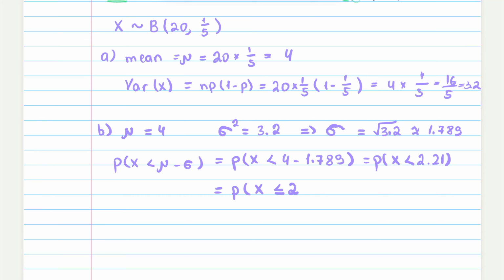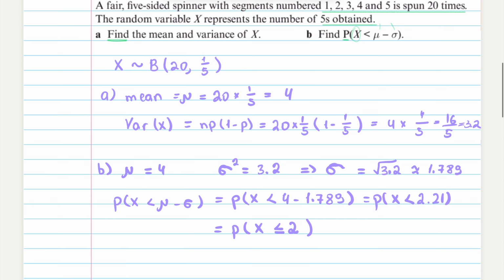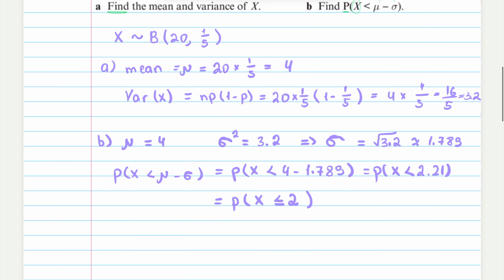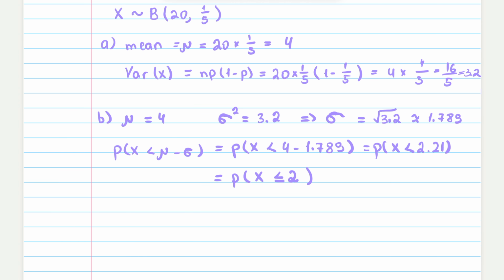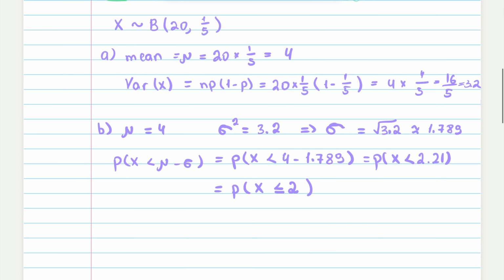So X being less than 2.21 means X being less than or equal to 2, because we are talking about a discrete random variable. Remember the type of data which is discrete, which must be precise.